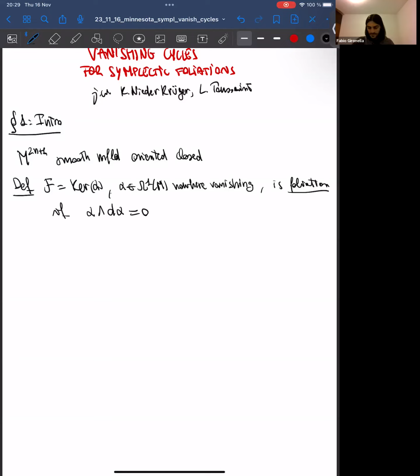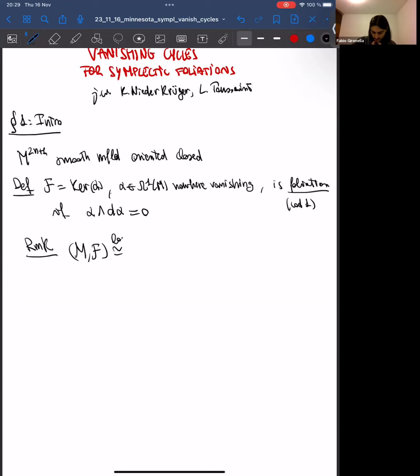If it's the first time that you see this, it might not tell you much, so let me make a remark that tells you what these objects look like locally. Always, for those of you who know, these are codimension 1 foliations. I will always talk about codimension 1 foliations throughout the talk.